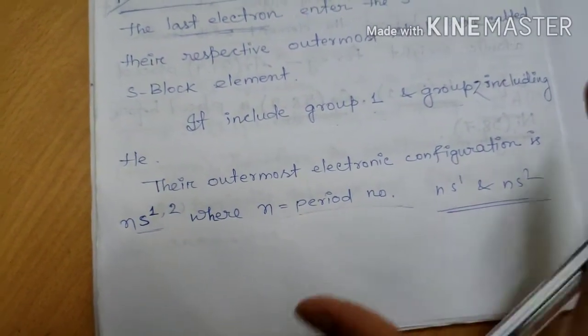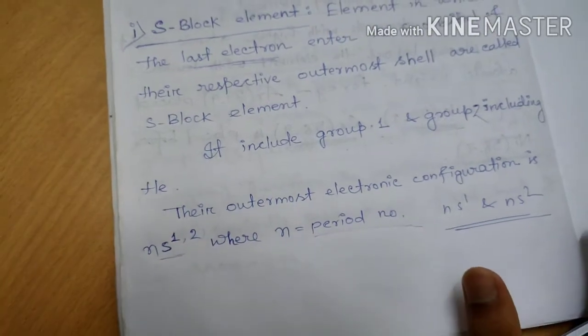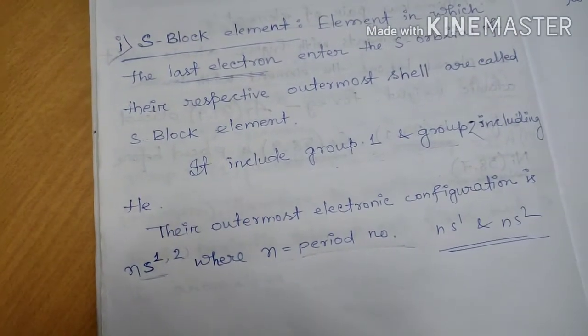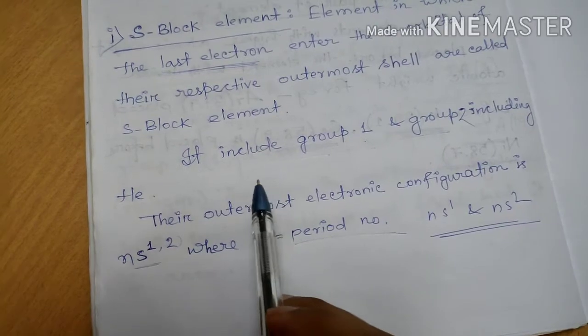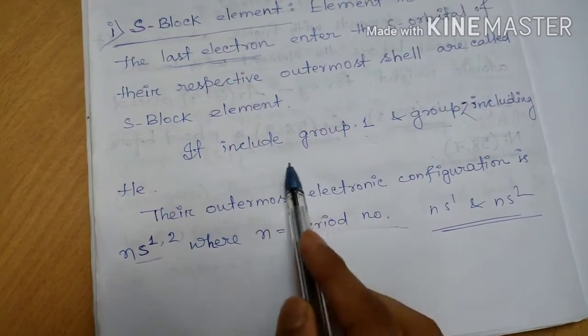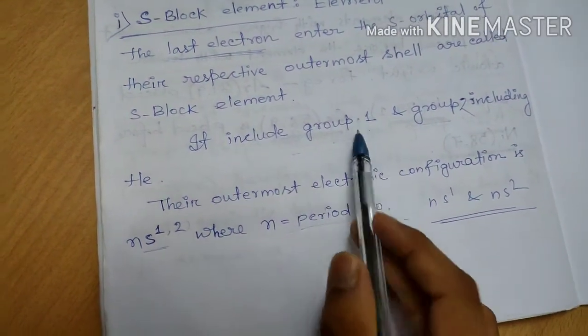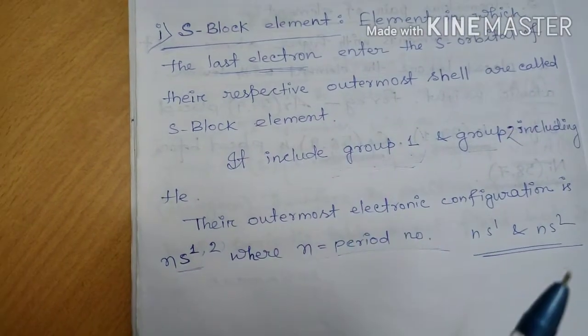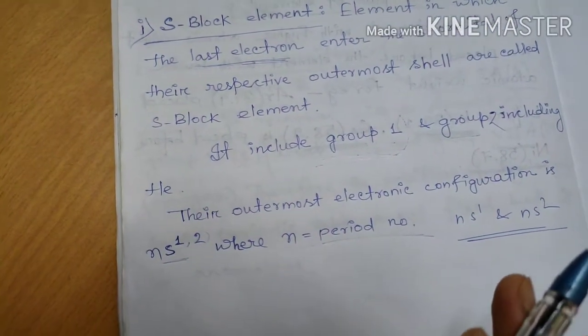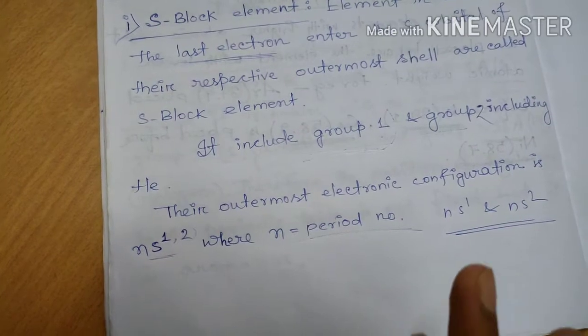Clear? So now let us take one example. The S block elements include group 1 elements, so we shall consider group 1 elements first. What are the elements of group 1?